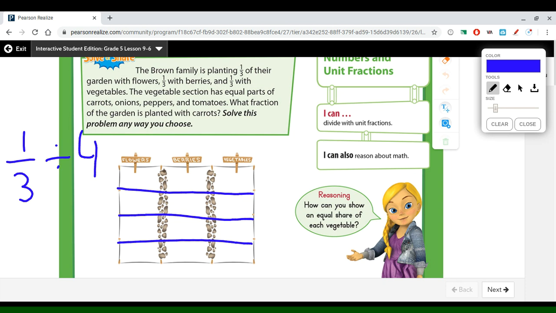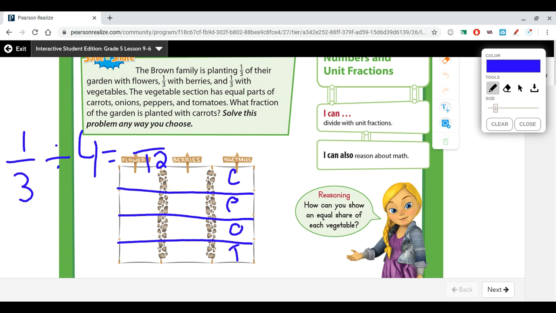So if you look, I have 1, 2, 3, 4, 5, 6, 7, 8, 9, 10, 11, 12. So I end up with 12 as my denominator. And then if I label, here I have carrots, here I have peppers, I have onions, and I have tomatoes, while only taking one of them. So it's going to be 1/12.